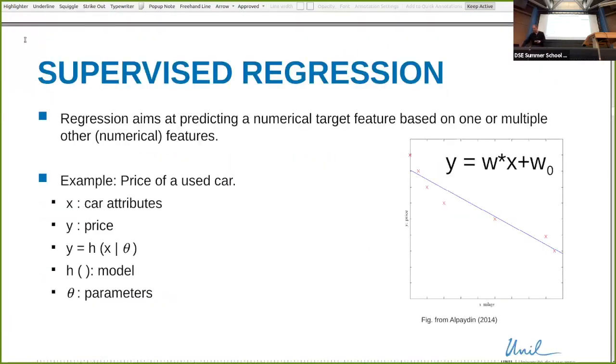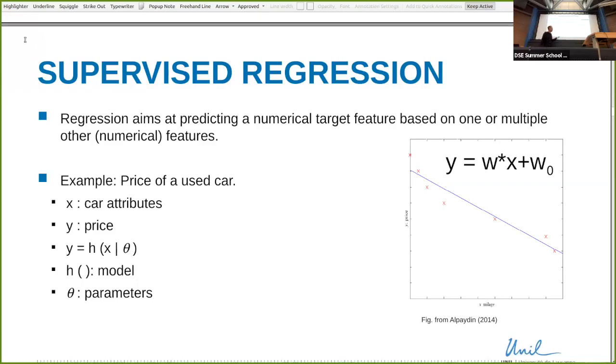Now let me just quickly go through all of the types with a brief example. Supervised machine learning regression would be just a simple line. You have these red data points, then you gaze at the points and say, okay, let me fit a line.